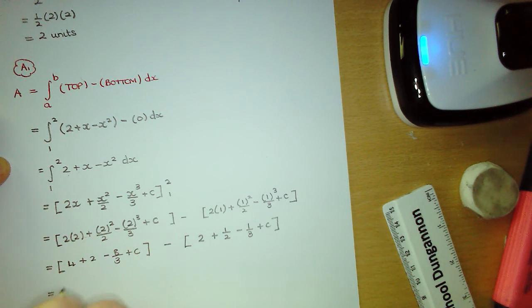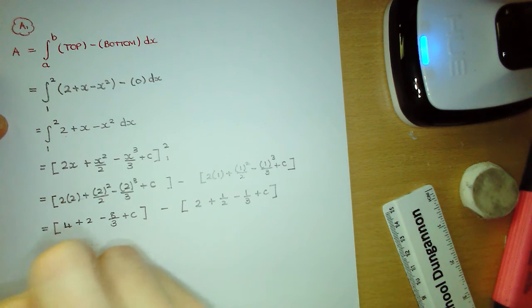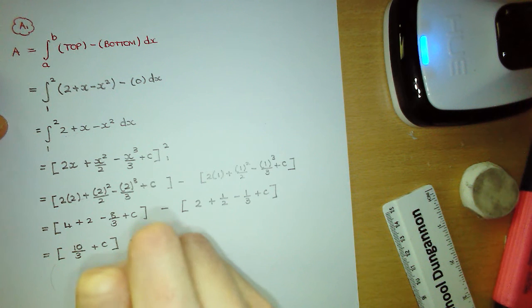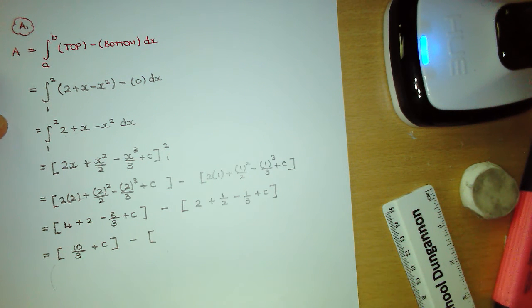Okay, we can use our calculator then to tidy up each bracket into a single numerical value. So we've got 4 plus 2 minus 8 over 3. So that's going to give us 10 over 3 plus c. Copy down our minus and then tidy up our second square bracket. So we've got 2 plus a half and we're subtracting a third.